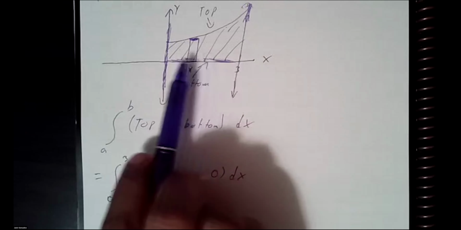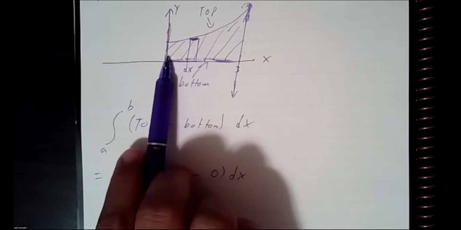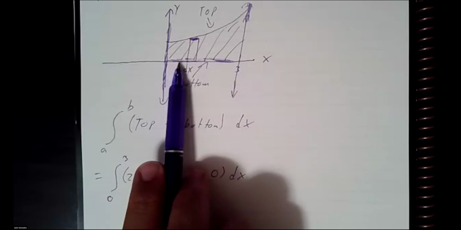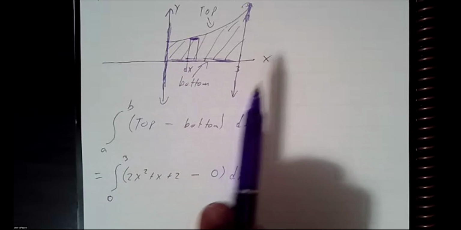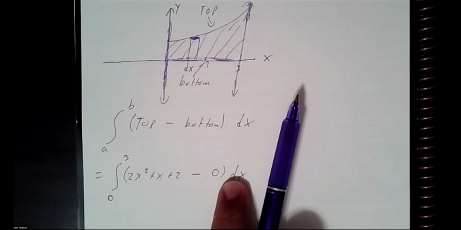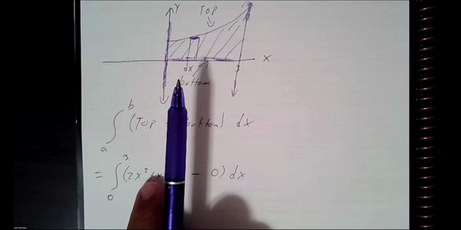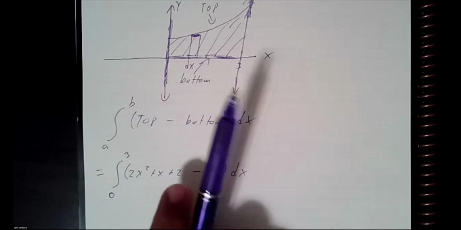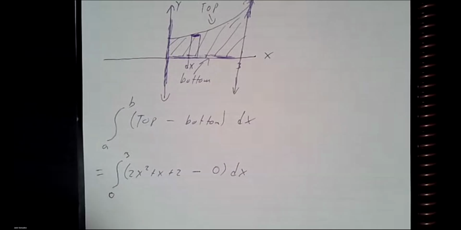And since it's a vertical rectangle, it's going this way. You only look at the x, so from here to here. So if we're looking at the x, that means it has to be dx, which means everything has to be in terms of x. It's all connected. Once it's set up, it's just an integral we've done before.